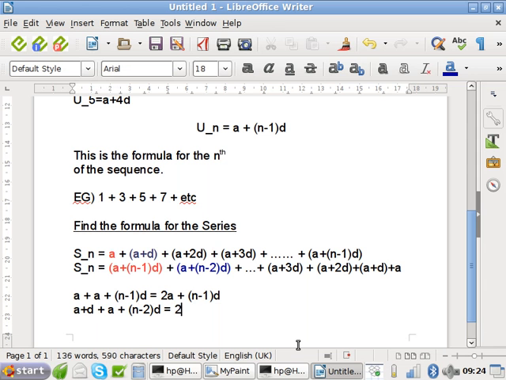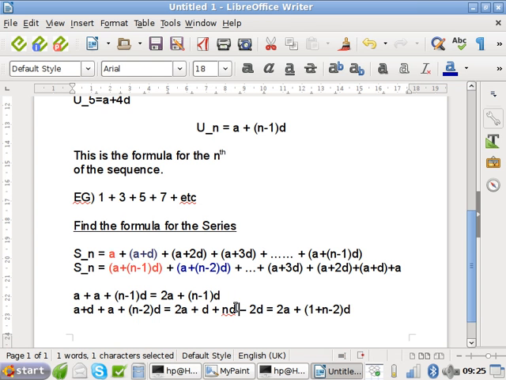That's 2a plus d plus nd minus 2d, because you can expand this here. That's 2a. Now here there's a d in common, so you can have 1 plus n minus 2, times d. I could take the d out from here, here, and here. So what does this part become? n minus 1.